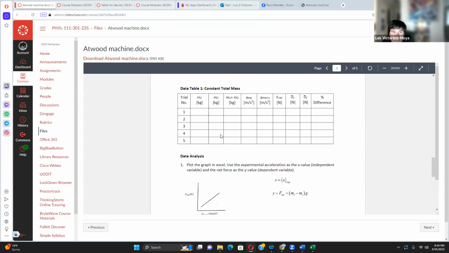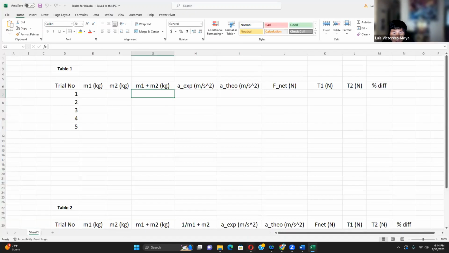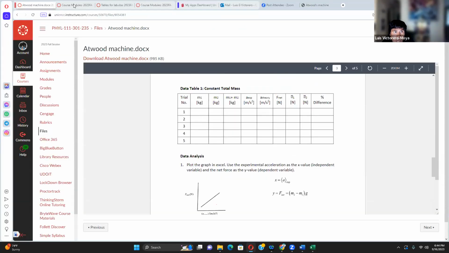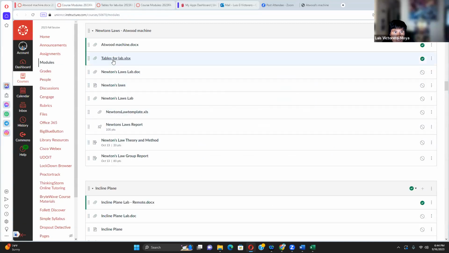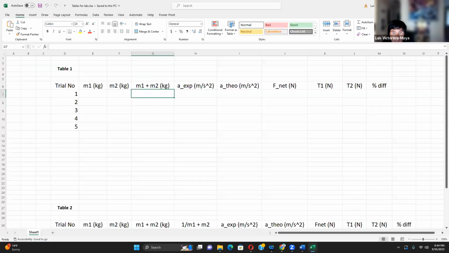Now, the way you're going to fill in this table is basically by, well, you can start with 1.2 and 1. The total mass here is 2.2 kilograms. So in Excel, by the way, the file for this Excel file is here, down at the bottom of the Atwood machine doc experiment, which is this file. M1, M2, so you are going to vary.